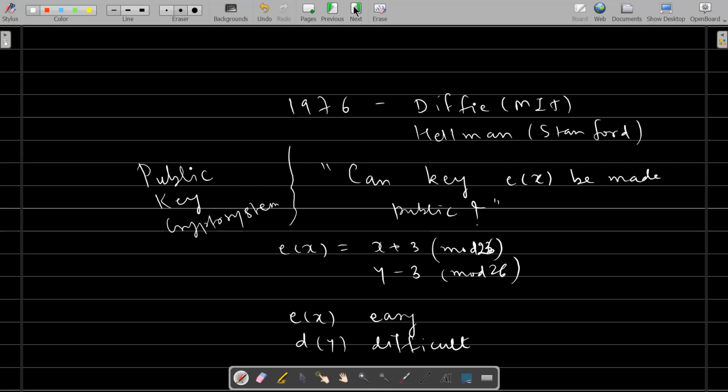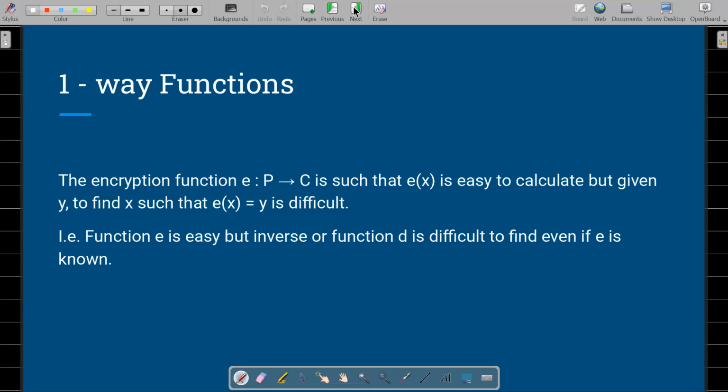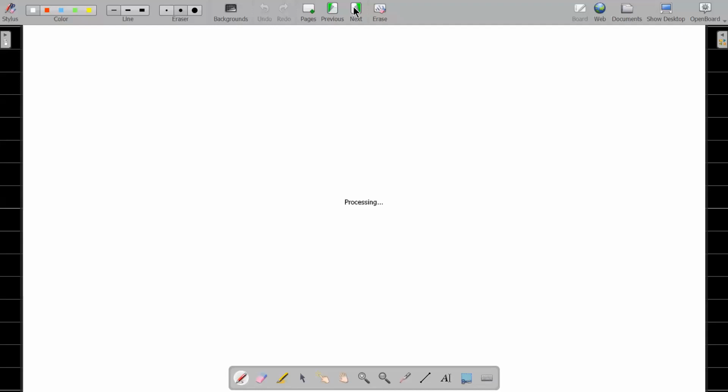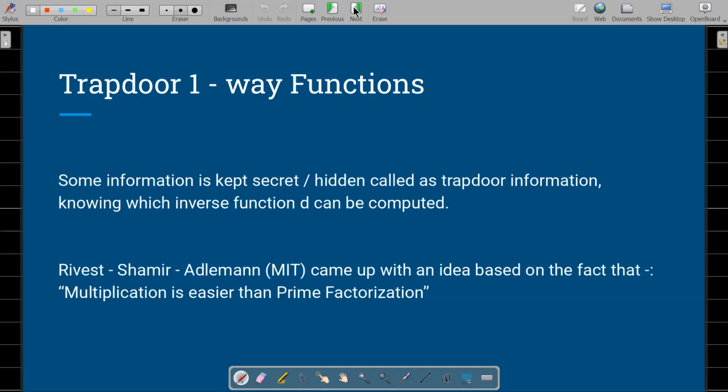In fact, function E is easy, but the inverse function D is difficult to find, even if E is known. Such functions are called one-way functions. And there is one more type of one-way function, called one-way trapdoor functions.